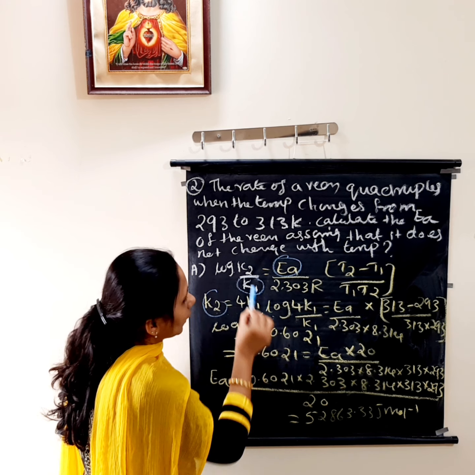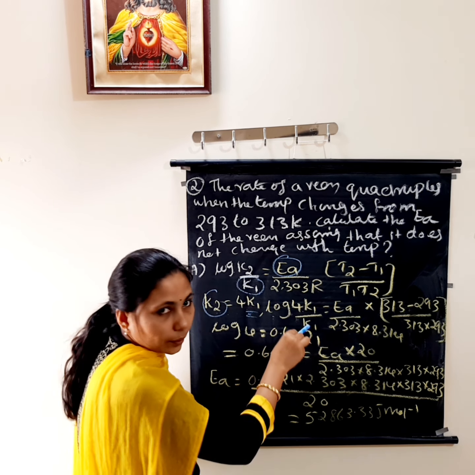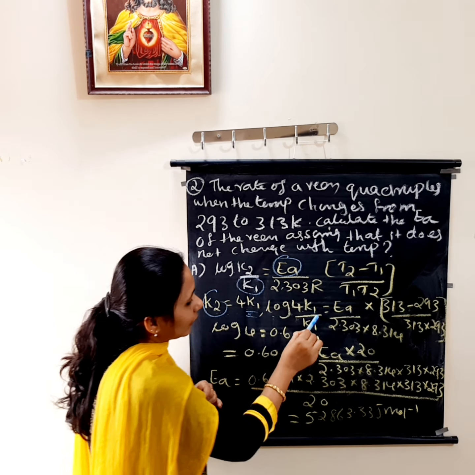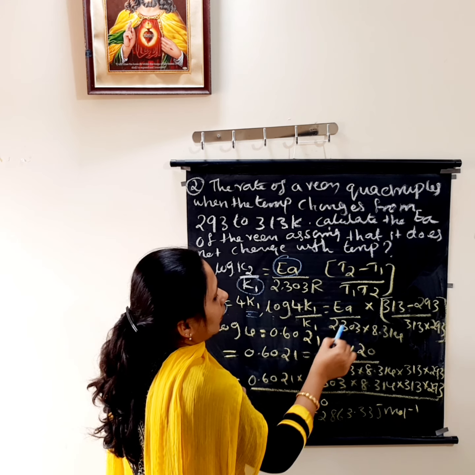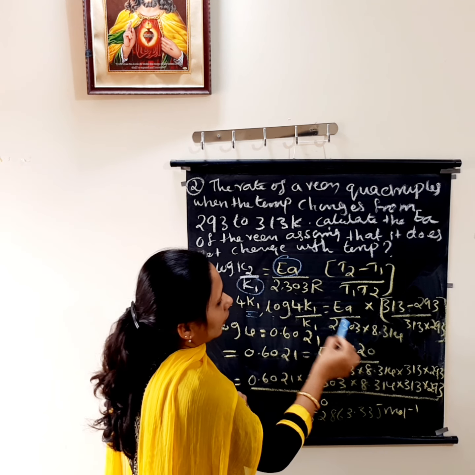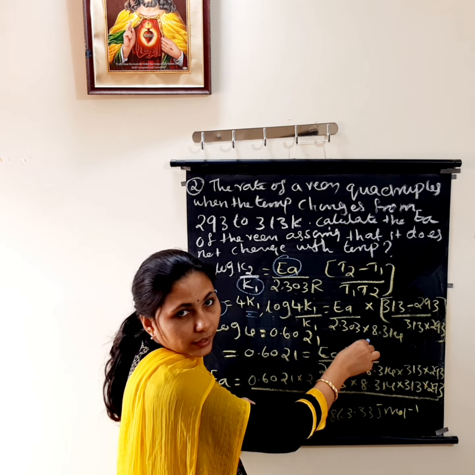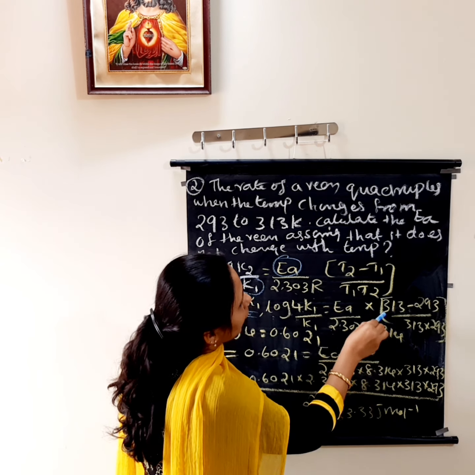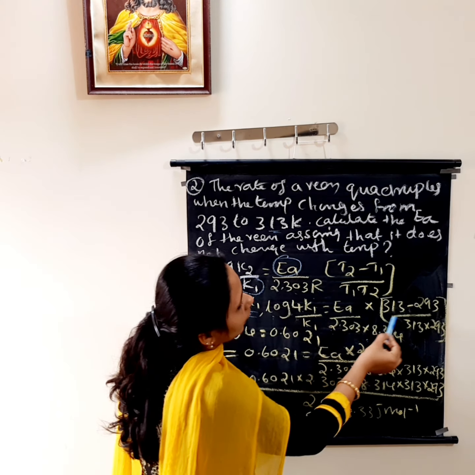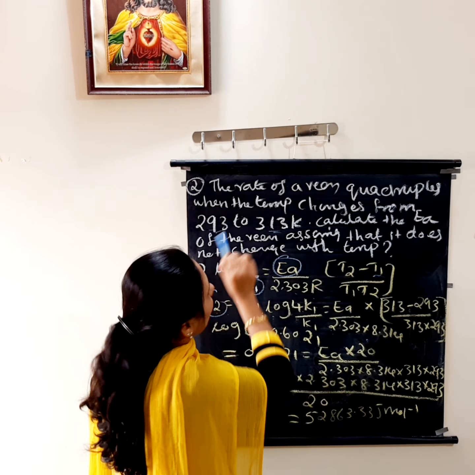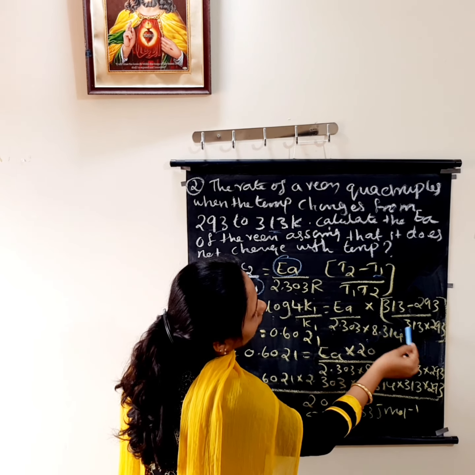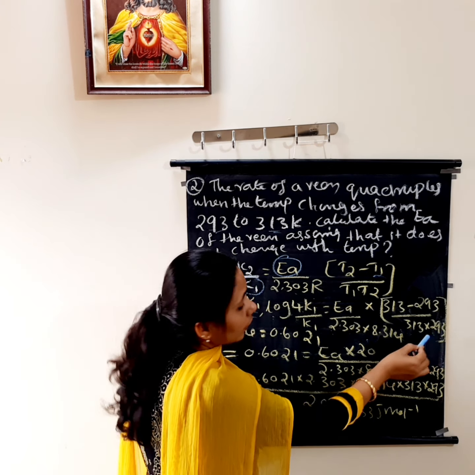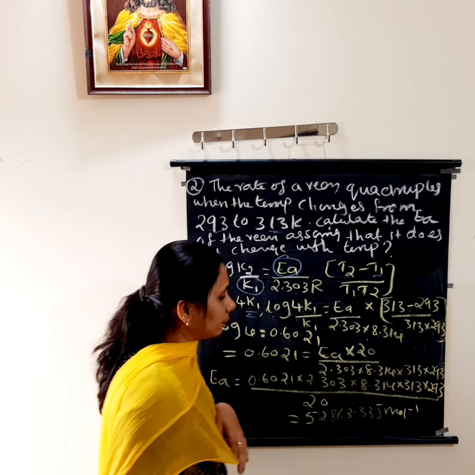So log K2 means 4 K1 divided by K1 equals Ea divided by 2.303 R. R means what? Gas constant, that is 8.314, into T2, which is 313 Kelvin, minus T1, which is 293 Kelvin, divided by T1 into T2, that is 313 into 293.